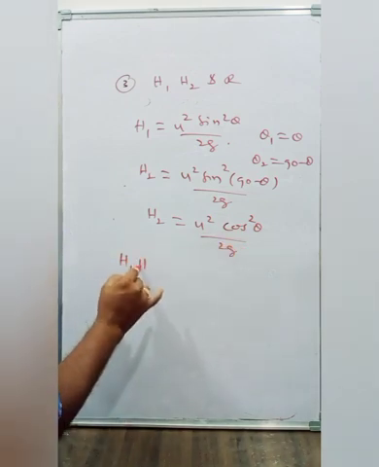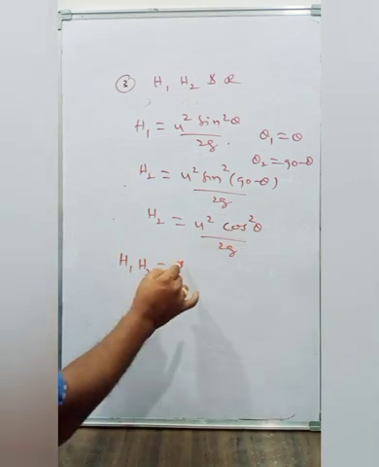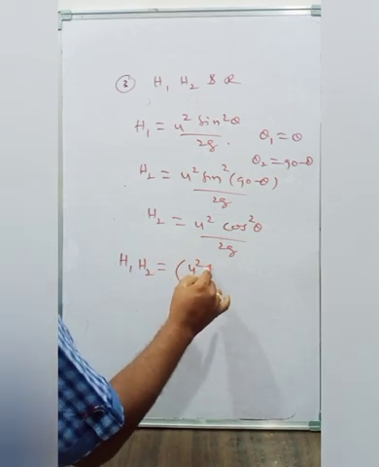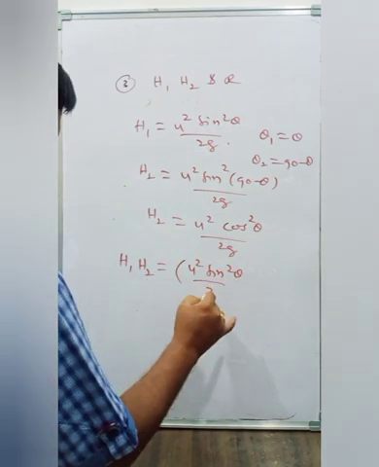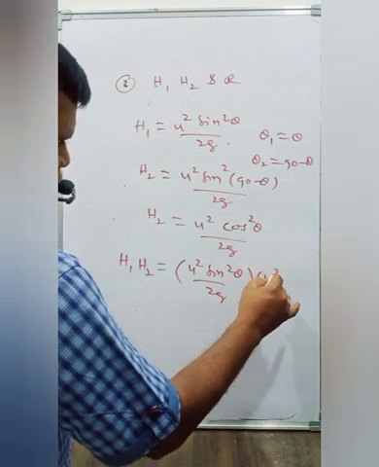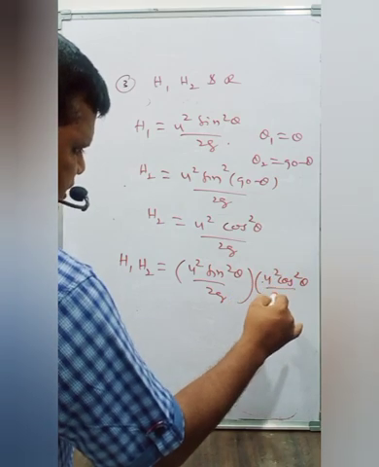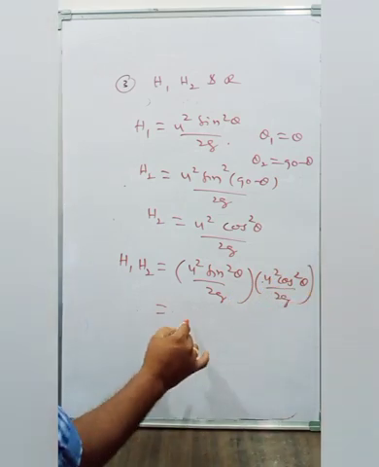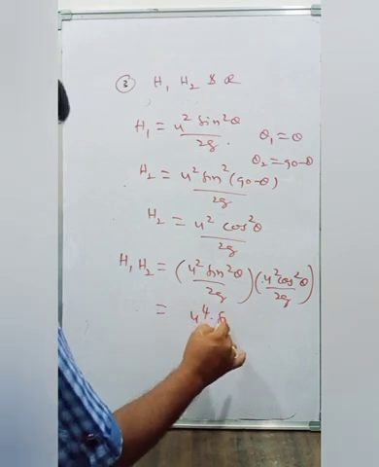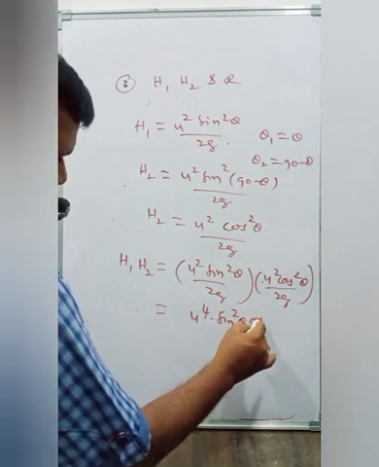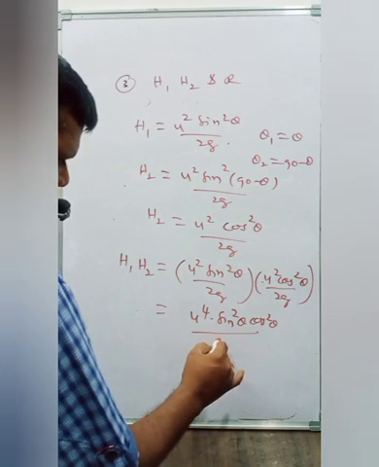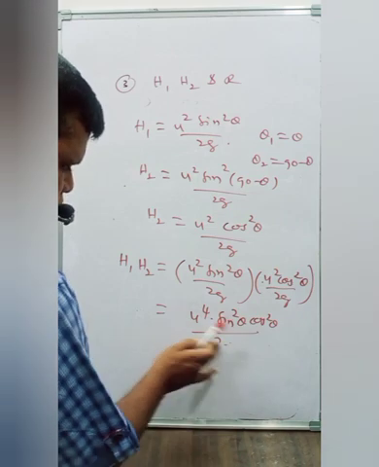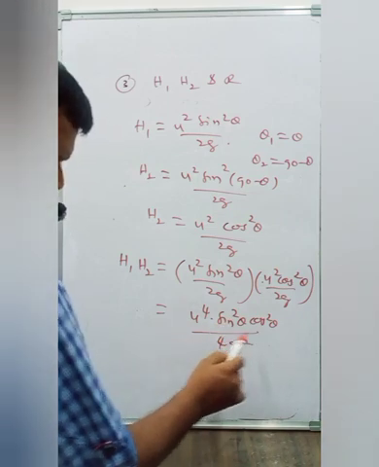Therefore the product of two heights H1 H2 is equal to U square sin square theta by 2G into U square cos square theta by 2G. Therefore, you will get U to the power of 4 sin square theta cos square theta by 2 into 2, that is 4 G square.